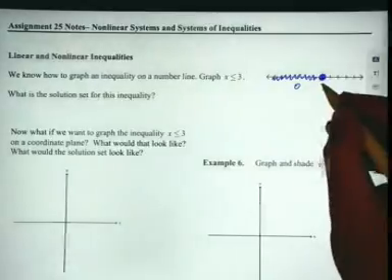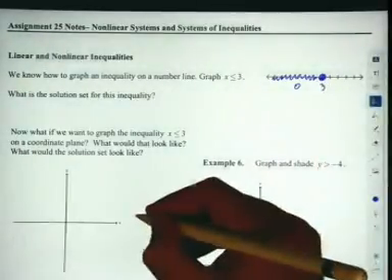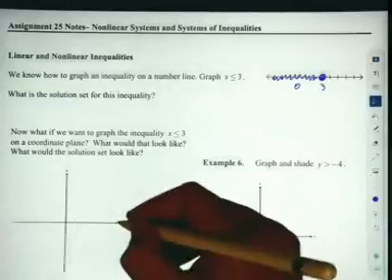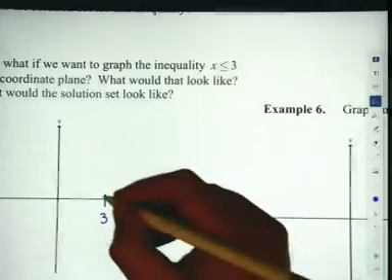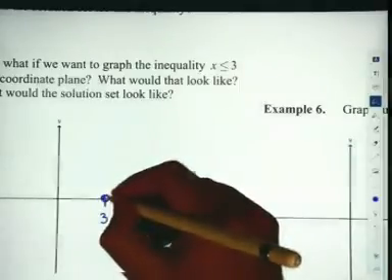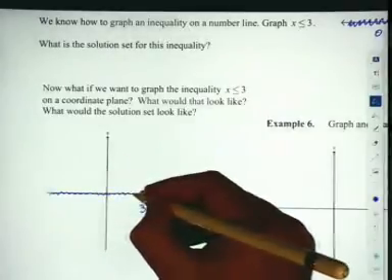What would this look like on a coordinate plane? Well, you still have your number line across the x-axis. So if this is 3, we could think about putting a solid circle around 3. And yes, you would be shading that part of the number line.